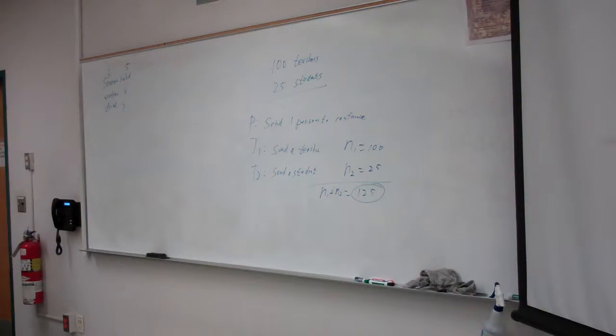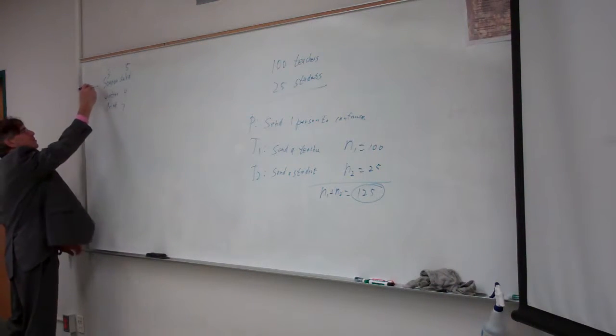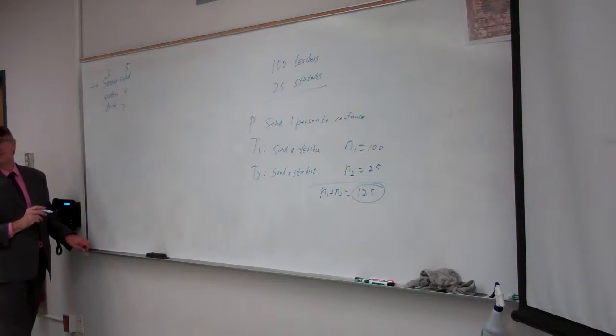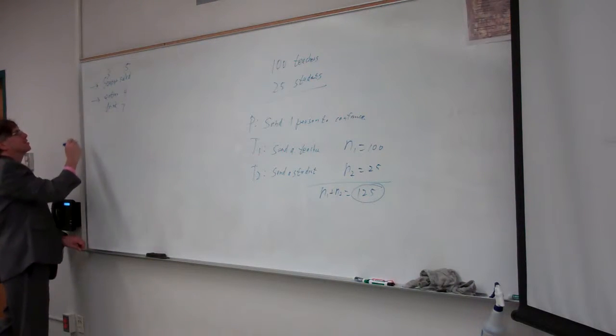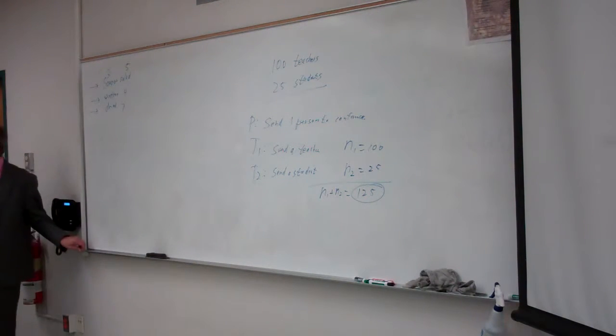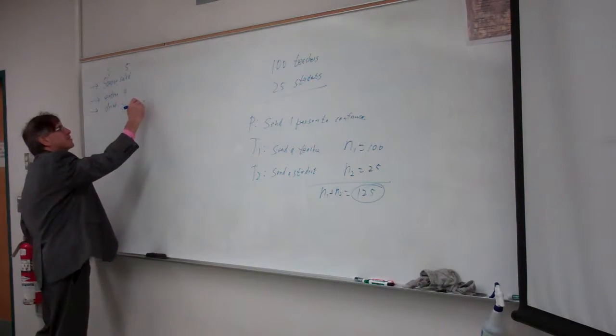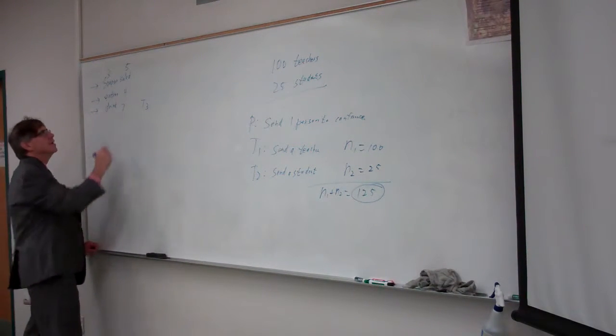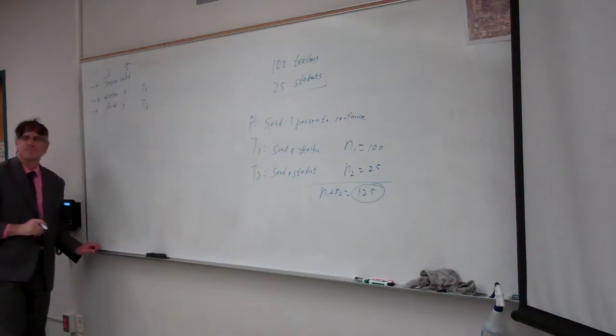Basic probability stuff. So we can think of this as a combination of product rule and sum rule. In order to order a meal, you need to choose soup or salad and which one you want. You need to choose an entree and you need to choose a drink. Let's call these T1, T2, and T3.